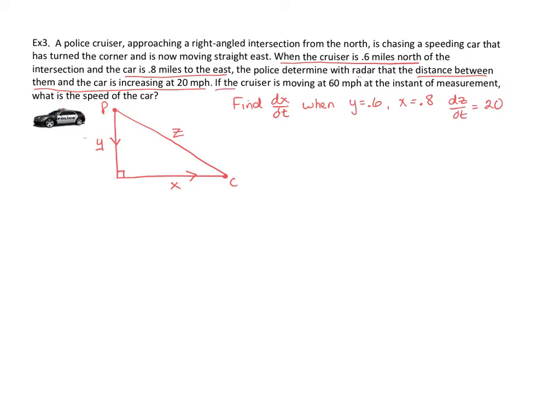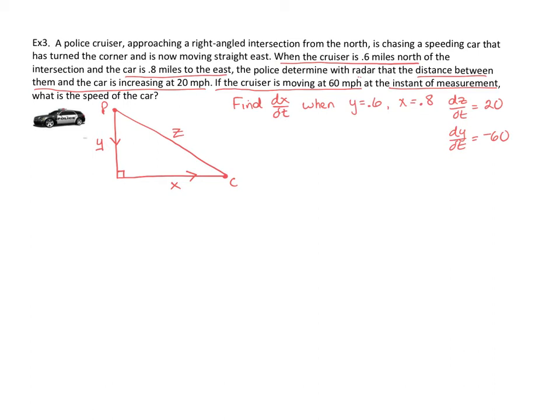And it's told also that the cruiser is moving at 60 miles per hour at the instant of measurement, so now we also know that dy/dt is going to equal, not 60, but negative 60 miles per hour. And you might say, what do you mean negative 60 miles per hour?